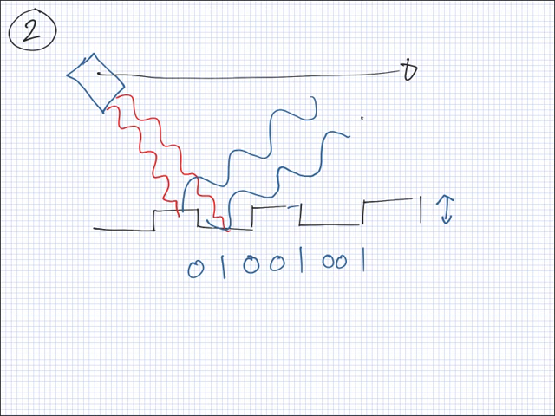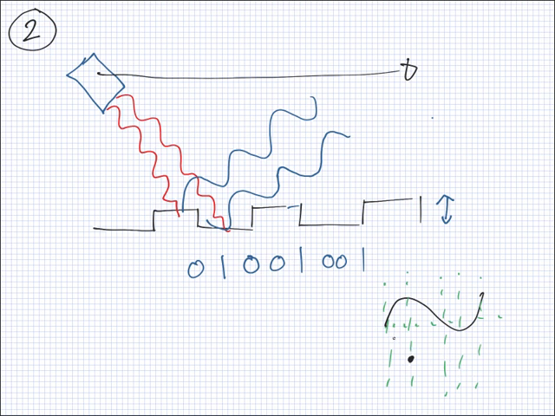So the path difference here needs to be, now think about it, if you have one wave, how much do I need to move the other wave so that they completely cancel? So let's just draw it here. There's a quarter of a wavelength, half a wavelength, 3/4 and a full wavelength. So if I move it a quarter of a wavelength, will that cancel it?